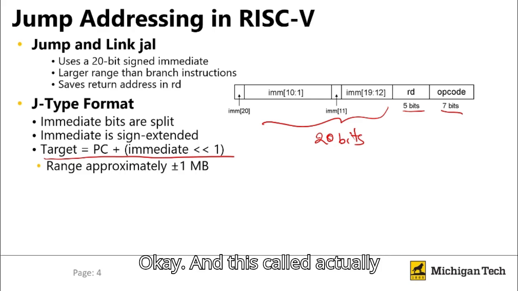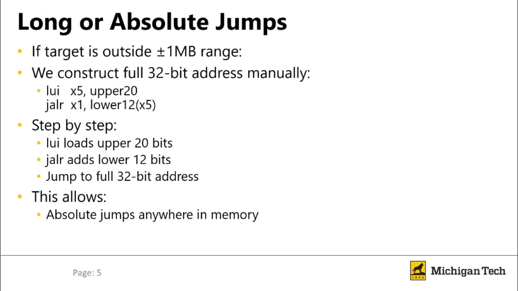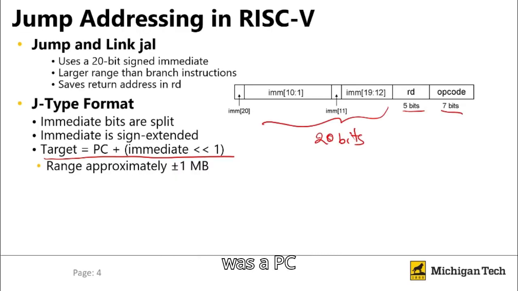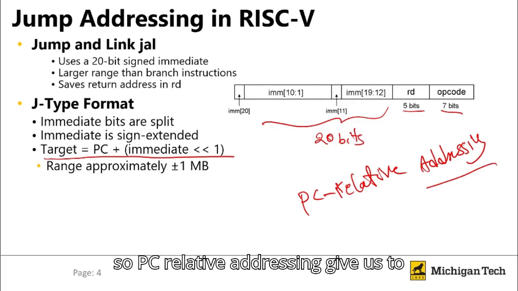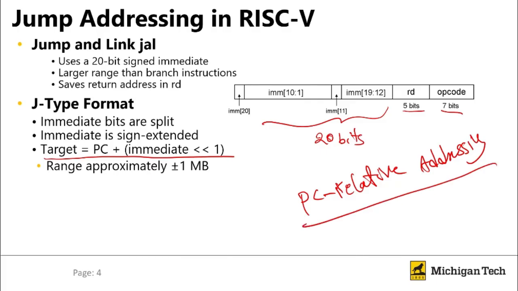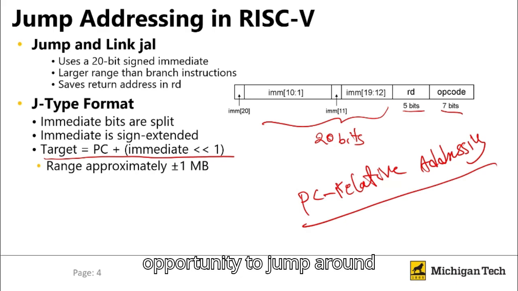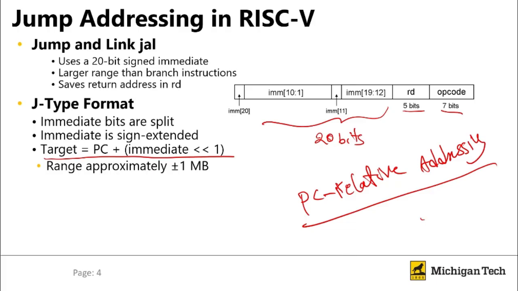Okay, so that was PC relative addressing. PC relative addressing gives us the opportunity to jump around 20 bits, not more, like plus or minus 1 megabyte.